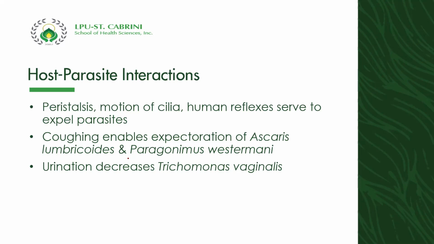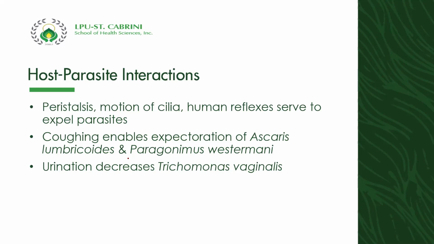On the other hand, coughing enables the expectoration of Ascaris lumbricoides and Paragonimus westermani. The adult form of Ascaris lumbricoides can be expectorated through coughing. You cough, you vomit, and the adult worm which can invade that area can be eliminated.